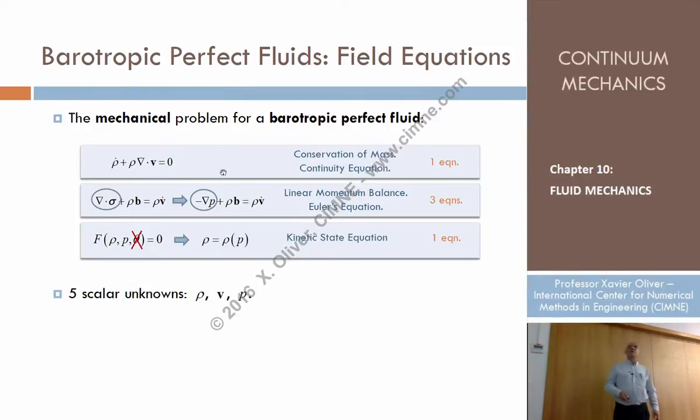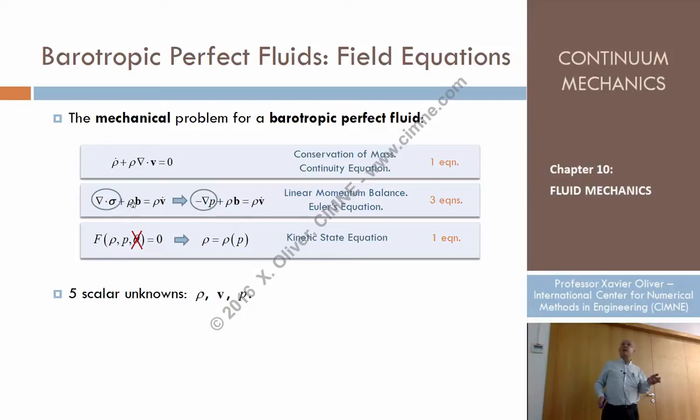Okay? So what can we say in that situation? What are the equations of the problem? Let's do a review, just recalling what we've done many times, about the equations that we have in hand. We have the conservation of mass, the continuity equation. Then we have the linear momentum balance, but then, as we said before, since the fluid is perfect, we can replace the divergence of sigma by the gradient of P. That is the version of Euler's equation for a perfect fluid.